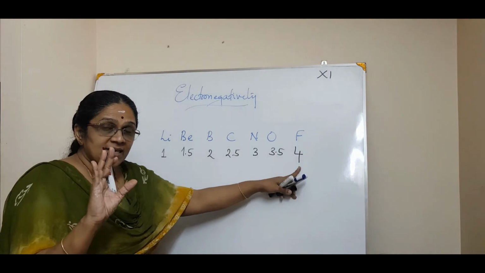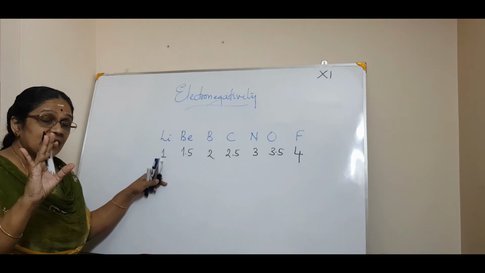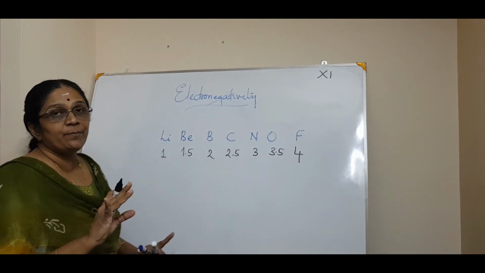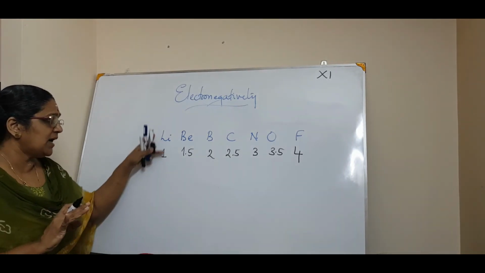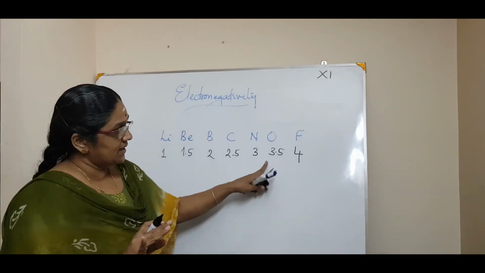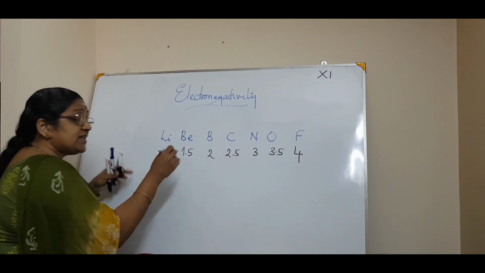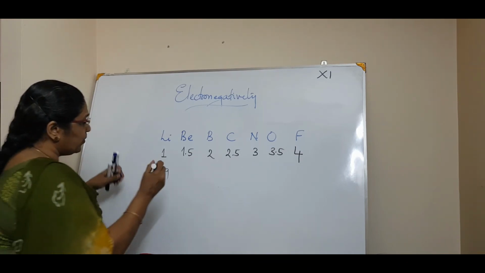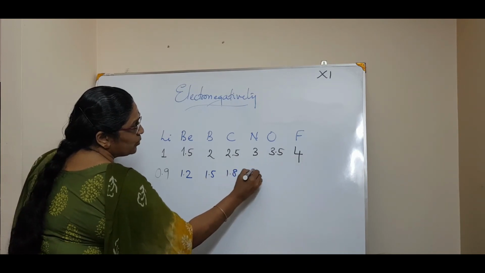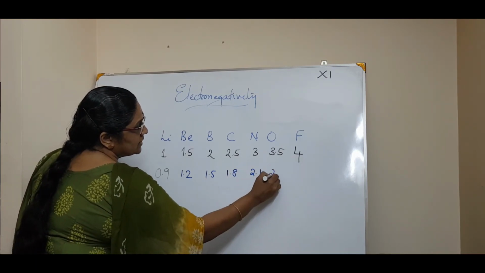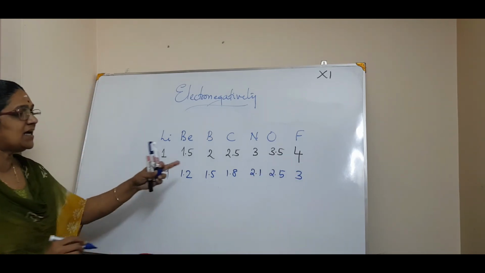Fluorine you have to know, it is arbitrarily 4, and lithium being the first element of the second period, you keep adding 0.5 and you will get the values. Just remember at least one period. The third period is also the same; the first value is 0.9, and then 1.2, 1.5, 1.8, and so on up to 3.